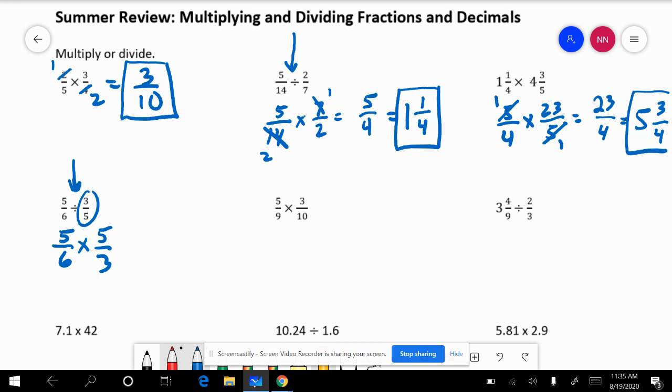I'm going to see if there's anything I could cancel, and there's nothing. So that becomes 25 over 18. 18 goes into 25 one time with a remainder of 7. So I have 1 and 7/18.